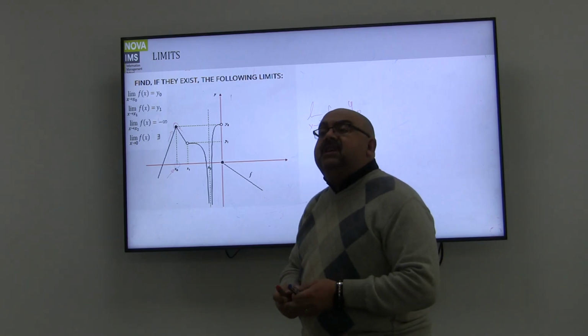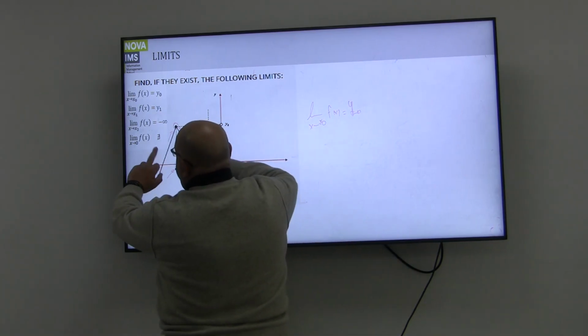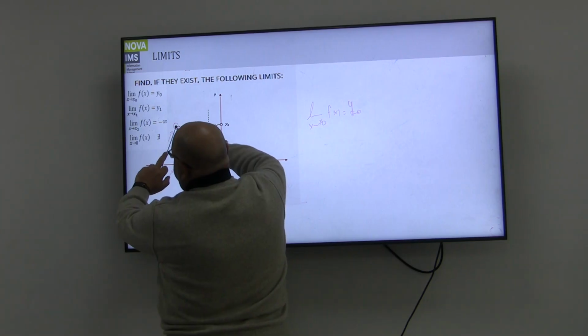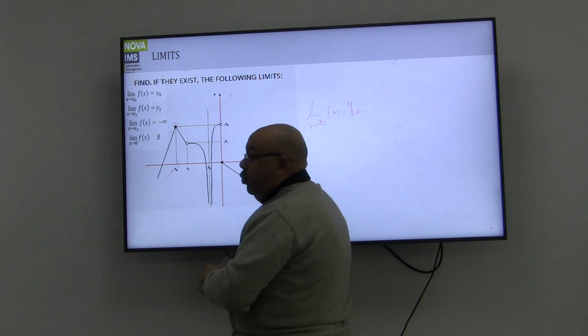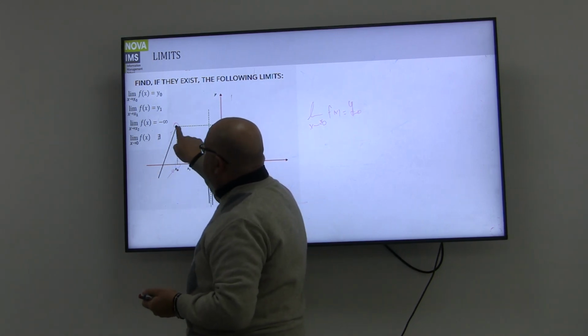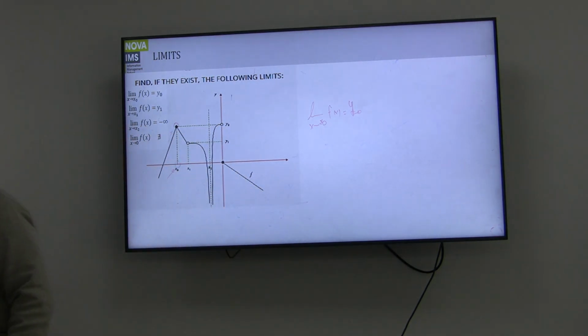So once more, when x changes from the left and from the right, look at the function. From the left, it's approaching a certain value, and from the right, it's approaching the same value. Once x reaches x naught, you will find the function is reaching y naught. That's the meaning of the limit.